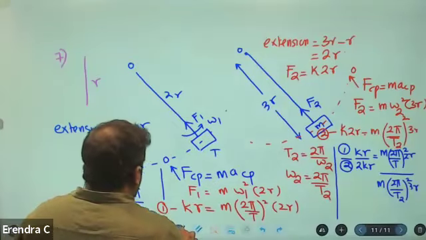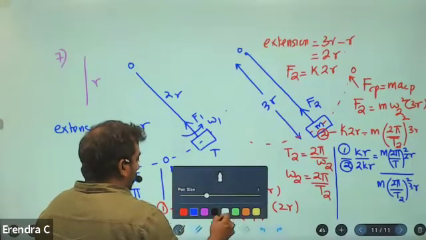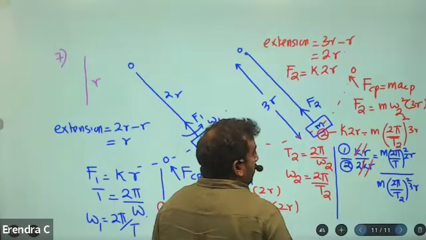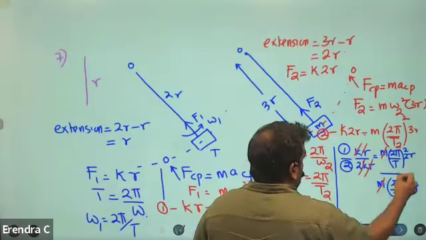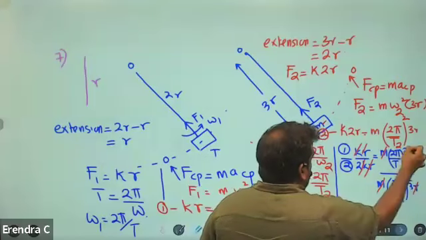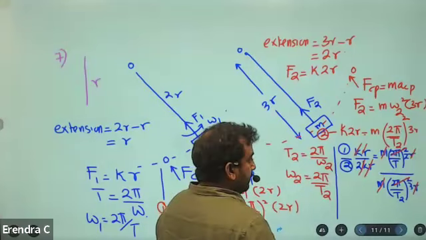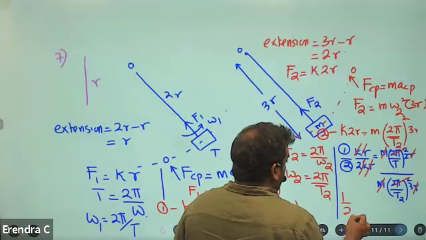Common terms cancel off. Kr cancels off. M cancels off. R cancels off. 2 pi squared cancels off. Here you will have half.